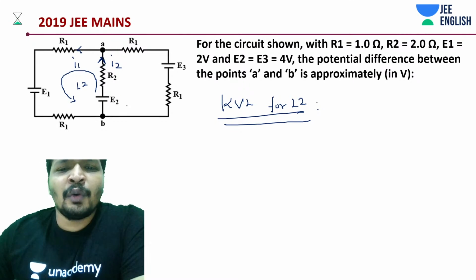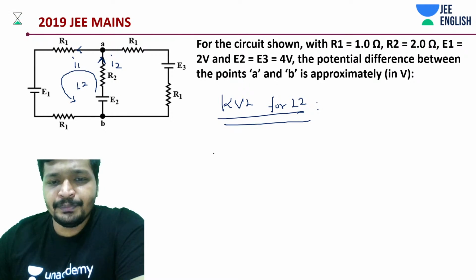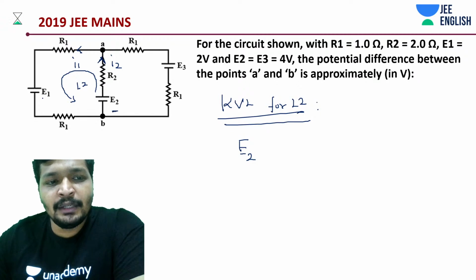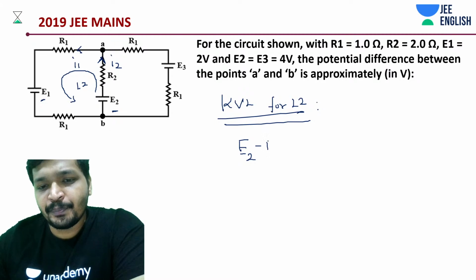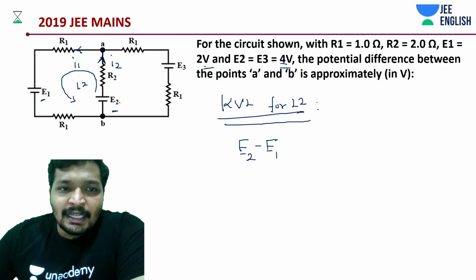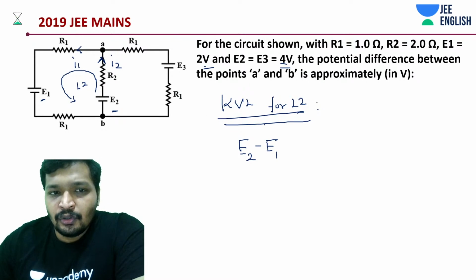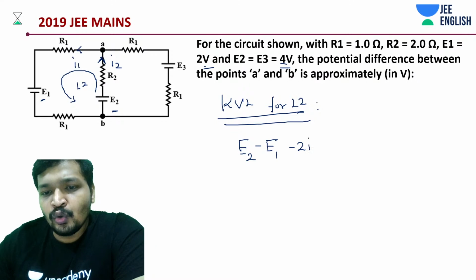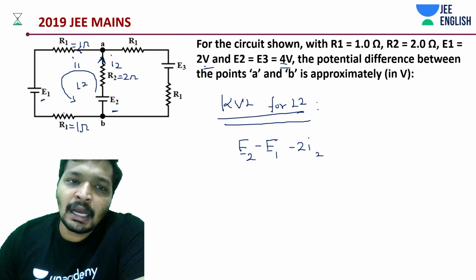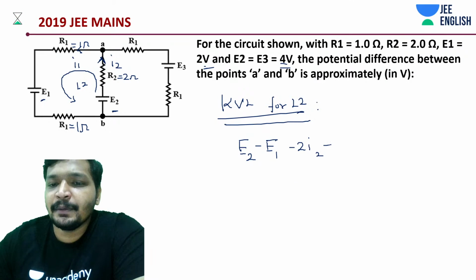Alright students, now what is it? It's E2 minus E1, which is basically 2. Okay, we are moving in the direction of current, so minus 2 I2, this is 2 ohms, and this is 1 ohm. Basically we are moving again in the direction of current.